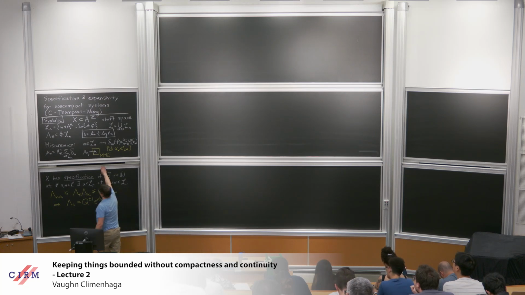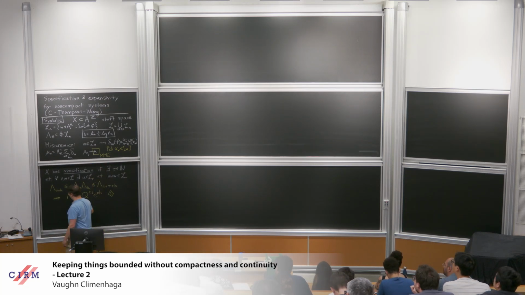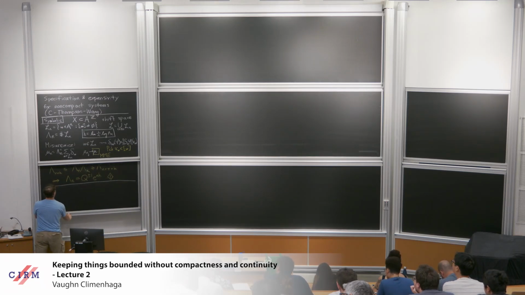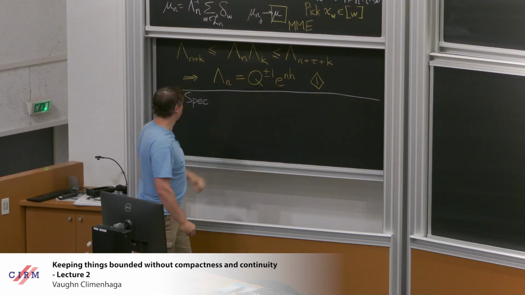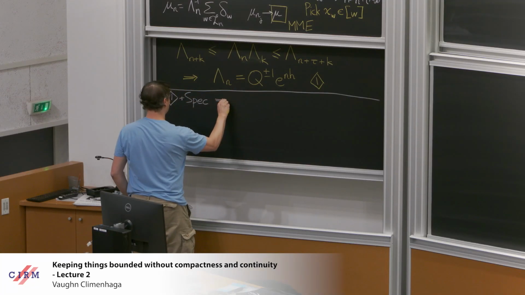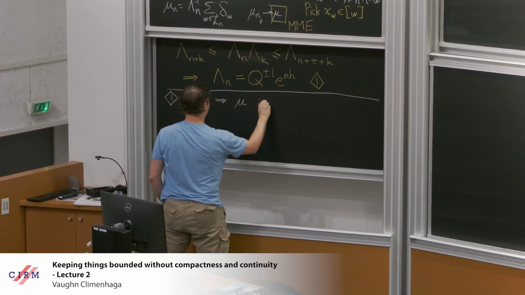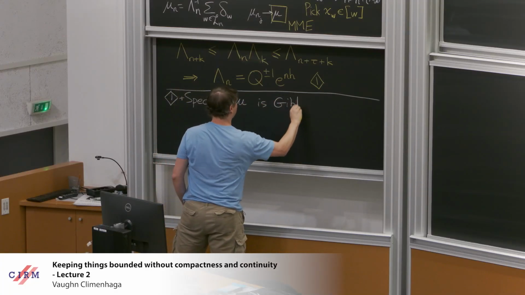The next thing is to show that once you have these uniform counting bounds, you can use these together with the specification property to study this Margulis-Bowen-type measure, the Misiurewicz measure, and show that it has a Gibbs property.